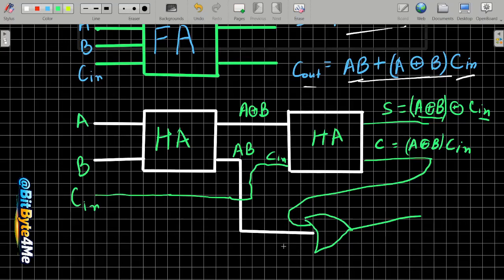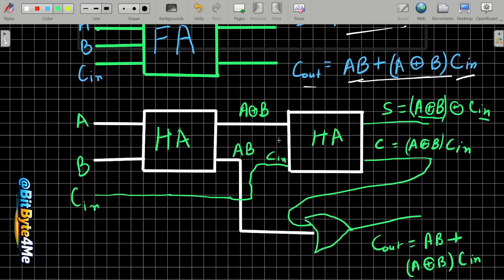So we have AB and this input. So the final C out will be equal to AB plus A exclusive OR B and C in. So this is the output of the full adder.